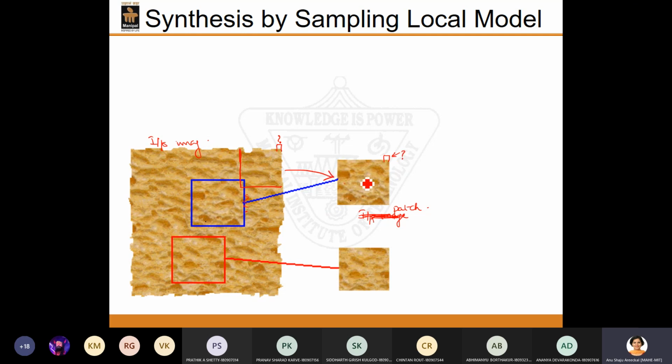So what is done is, again, let me just consider this as a 3x3 or 5x5. So you can consider any image patch over here.